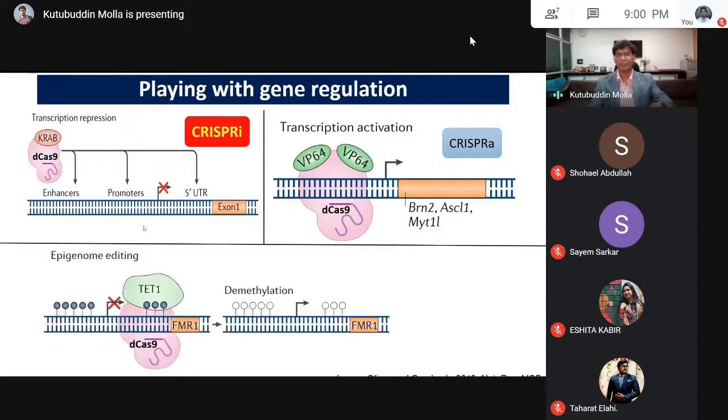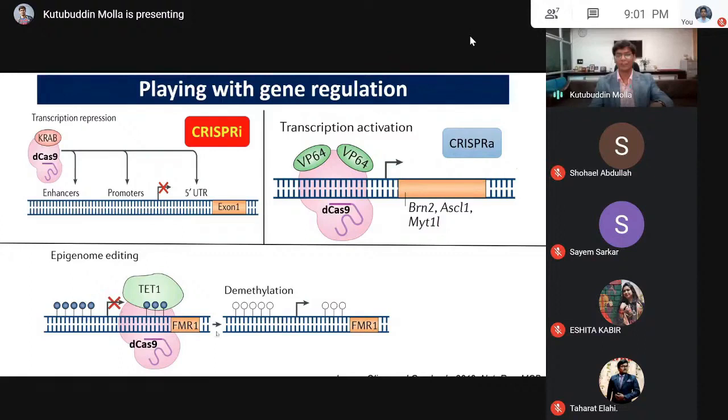Now another form of regulating a gene is called epigenome editing. In many cases, some genes in one species are very down regulated, so it is not producing that much RNA or protein, but the same gene is present in another species and it is producing a huge amount of protein or RNA. But why this kind of difference?